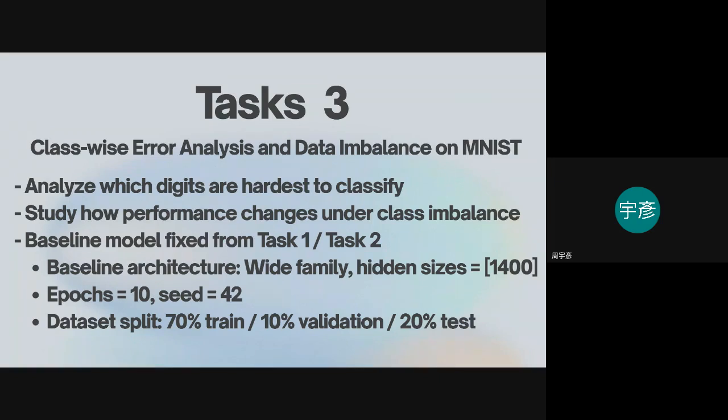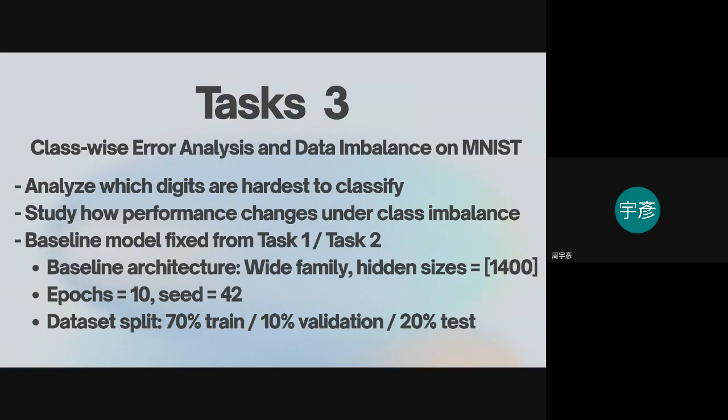For this task, I kept the baseline model, big, small, test 1, and test 2. The baseline architecture is from the wide family, with hidden size 1,400. The model was trained for 10 epochs, with seed equal to 42, and the dataset split was 40% training, 10% validation, and 20% test.